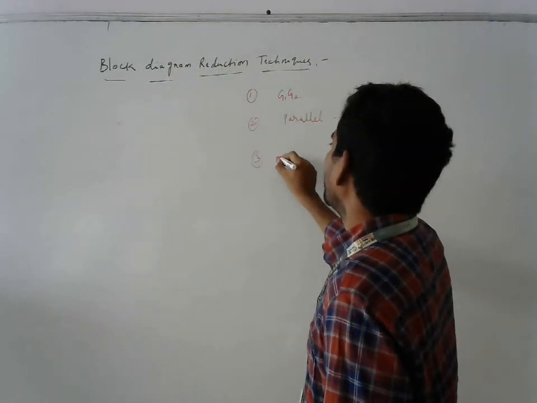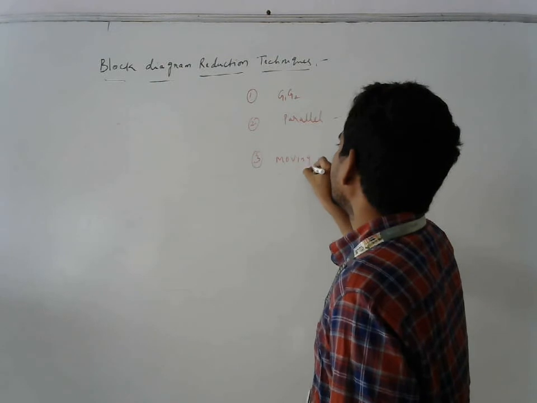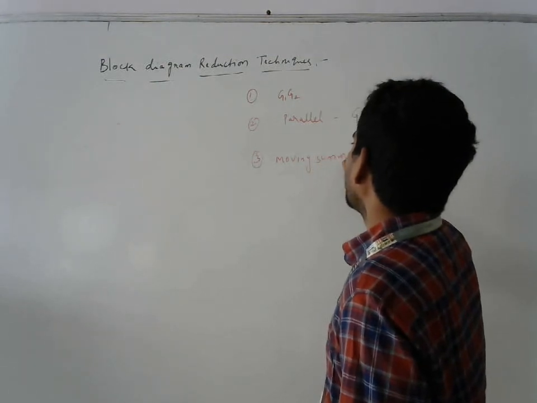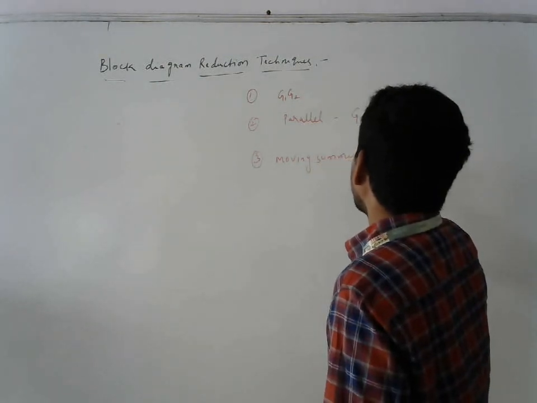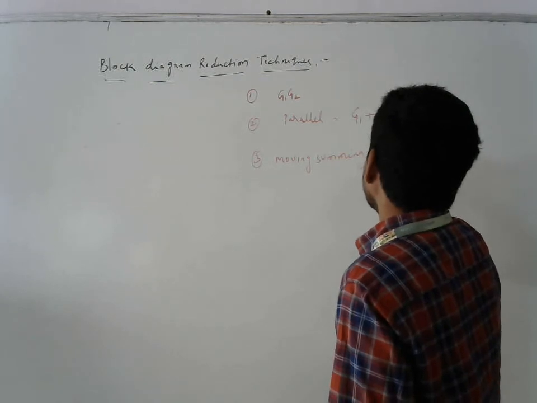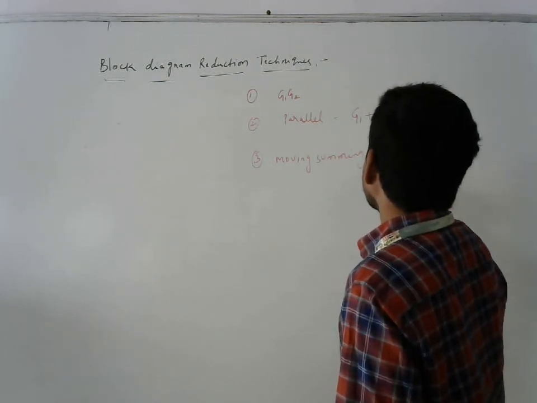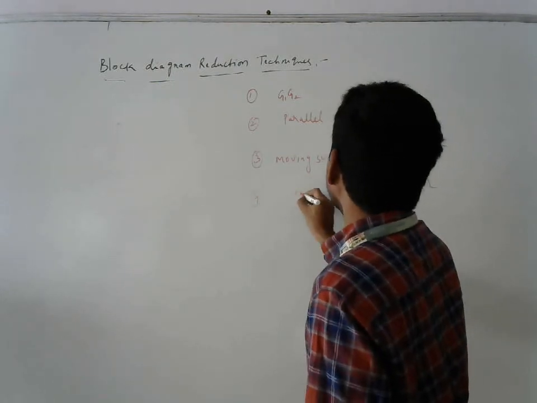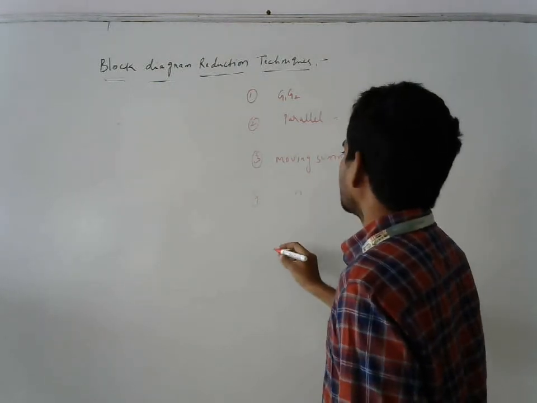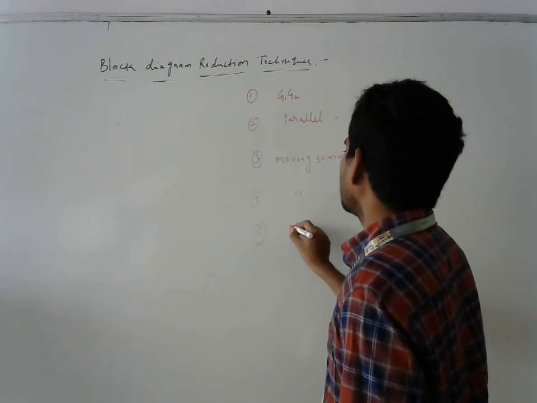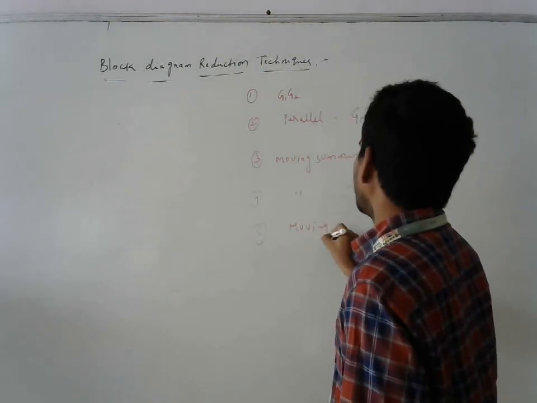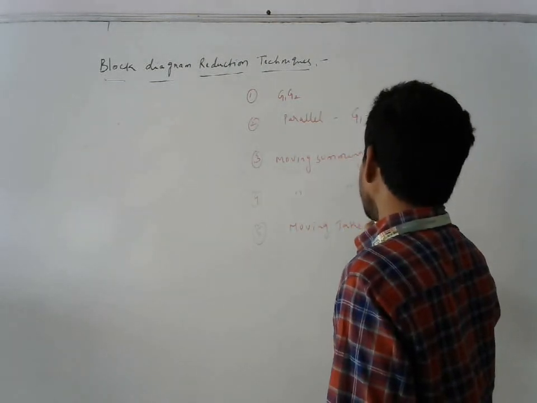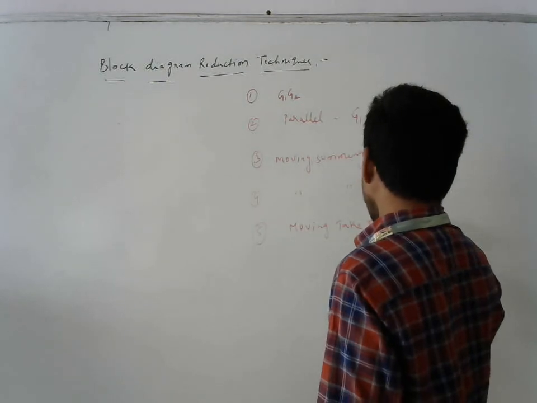And moving the summing point before the block or after the block. Both before the block, and the second one after the block. Moving summing point after the block. And the fifth rule is moving the takeoff point before the block.